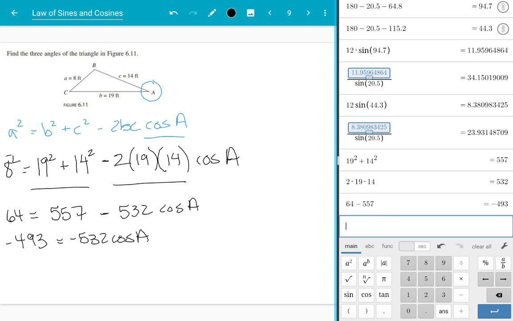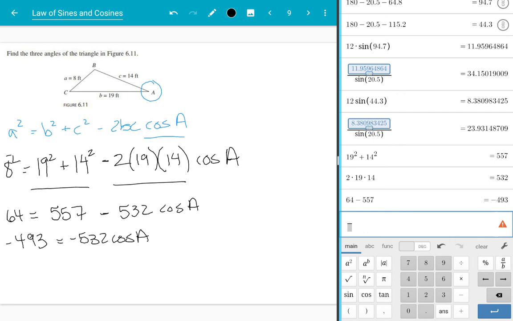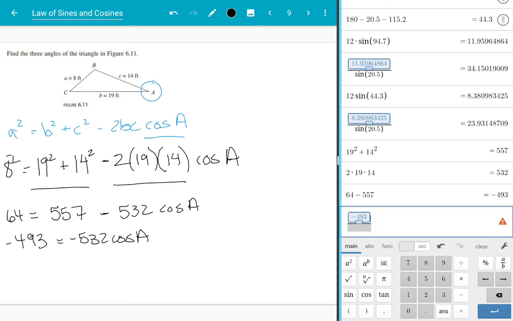Divide both sides by negative 532, so we take the answer and divide that by negative 532. So 0.927.